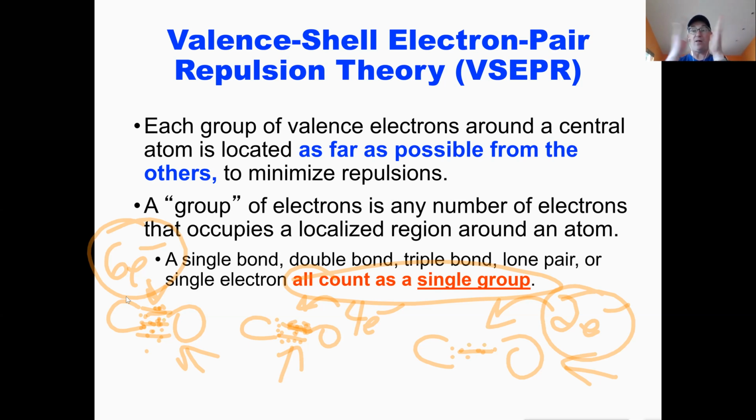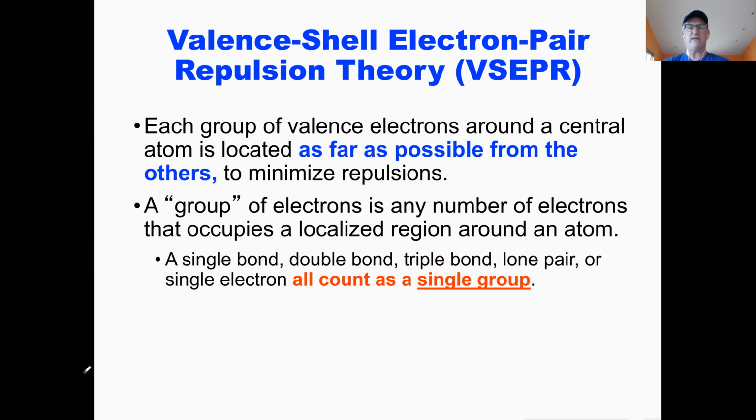So it is going to repel other groups much more than a single bond would. And I'll show you some examples of that. So there's really only two things we're dealing with: bonds and lone pairs. Those are the only two groups of electrons we're really dealing with in this situation.